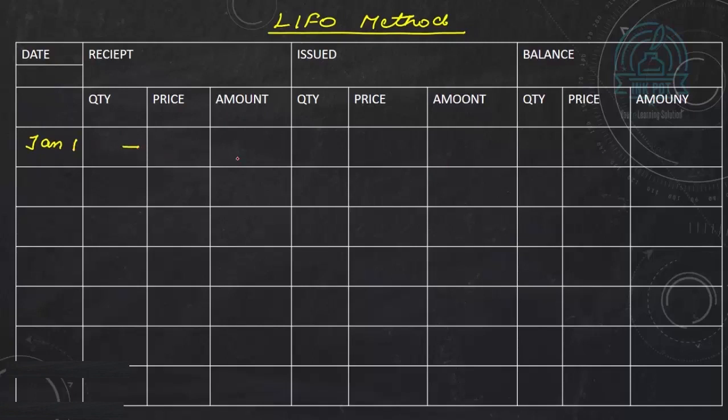We don't have any receipts. We don't have anything issued. And now we have 50 units as balance. So I'm writing 50 at the rate of 4, which is 200. Right. Then we had on Jan 5.